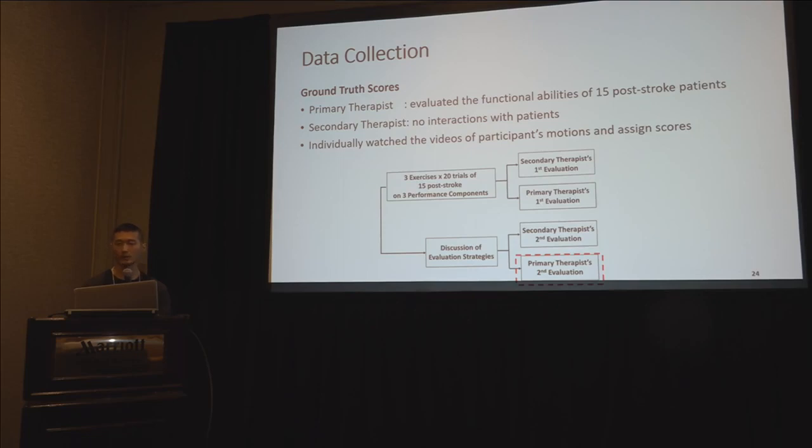Then they had a one-hour discussion to share their knowledge about the assessment to reduce some of the disagreement, and did another evaluation phase. Basically, the rehabilitation process is mainly managed by the therapist from beginning to end, so we decided to pick the primary therapist as our ground truth score.